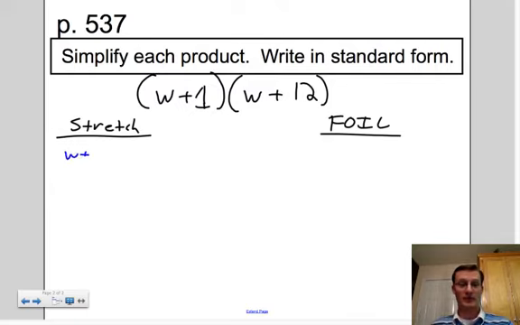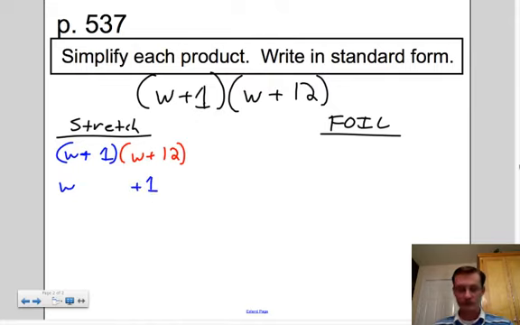I'm going to label the first binomial in blue and the second binomial in red. Now I'm just going to stretch this out. So the w plus 1, I'm going to stretch out w and then plus 1.